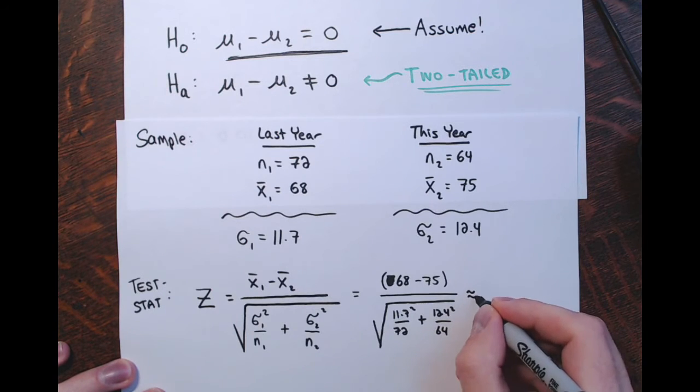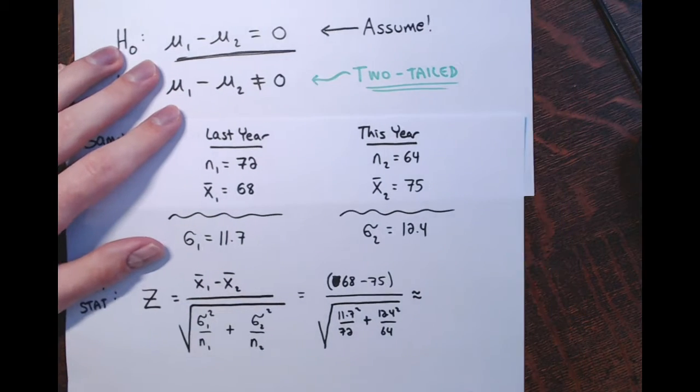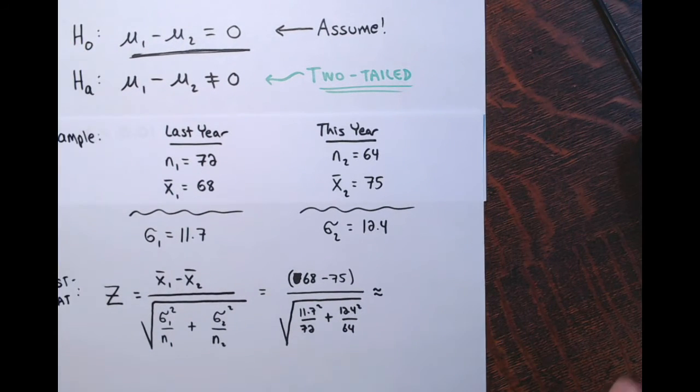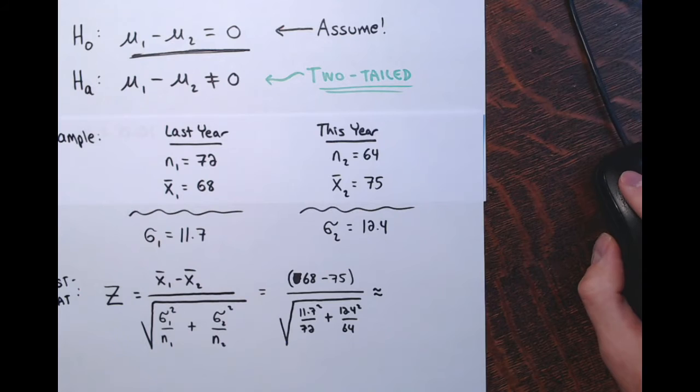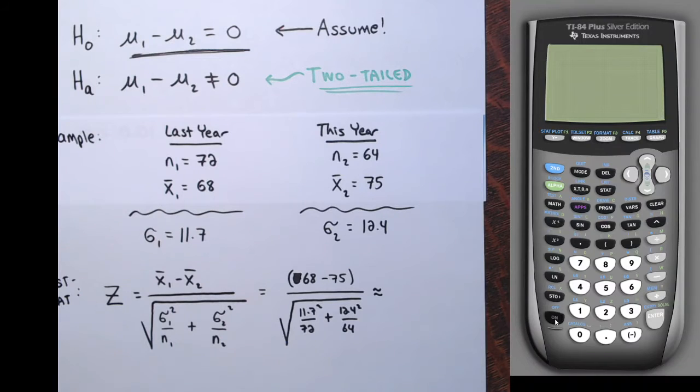All right, and again, I'm going to enter this into a calculator and maybe round it to 2 decimal places or something. Well, you know what? Let me get back. I'll enter this, but then I'm going to go back to the assignment and we'll get to this point. All right. So now the numerator, 68 minus 75, that's just negative 7.